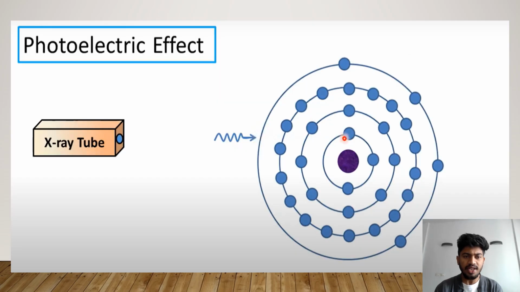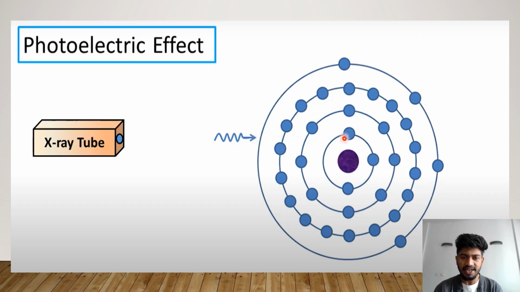As I said before, I'll be explaining the photoelectric effect. Here you can see an X-ray tube through which the X-rays will be traveling towards a sample. These X-rays will be incident on this sample, and here you can see the arrow coming towards the electrons.